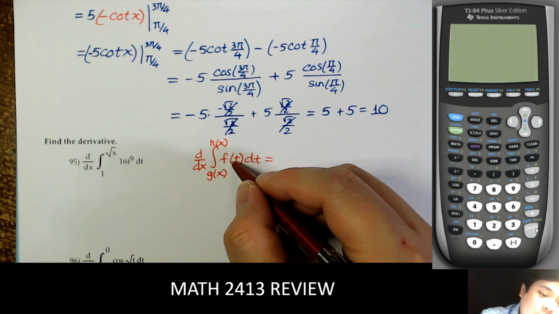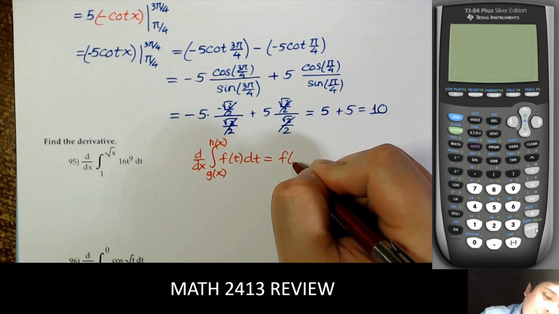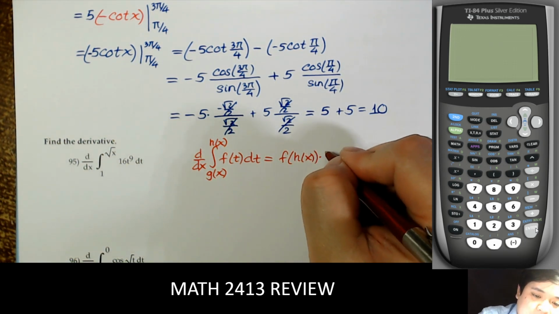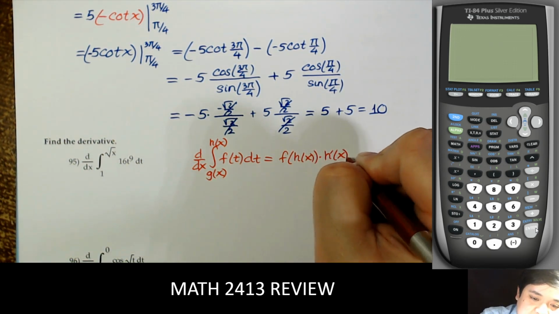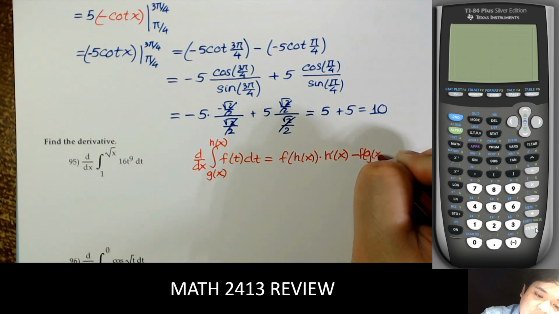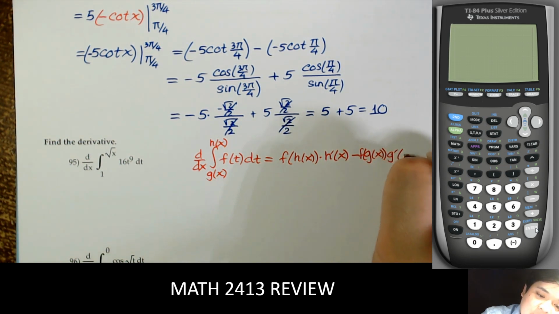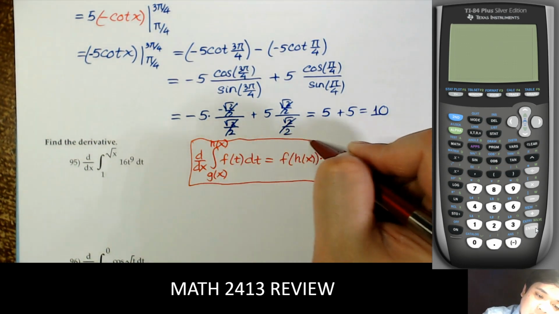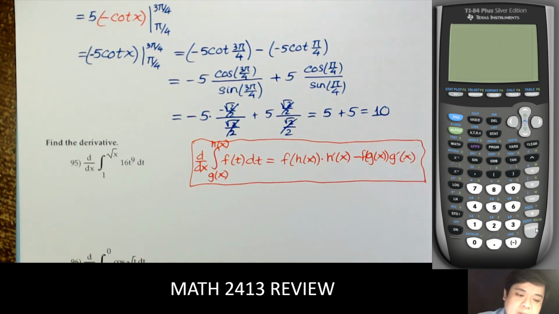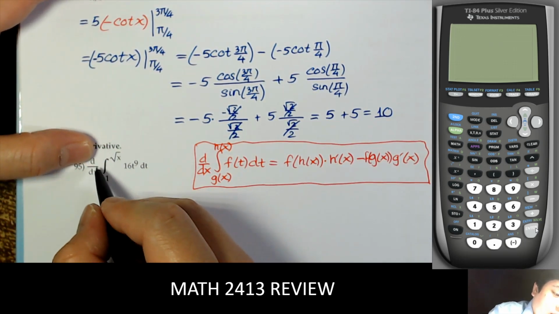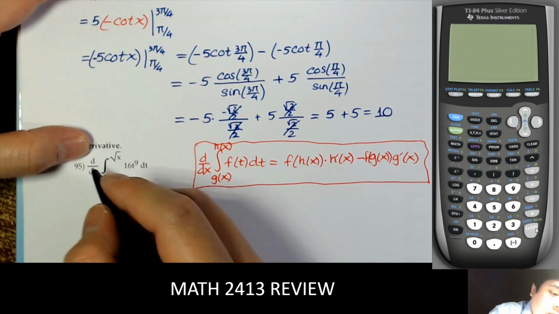All we do is just substitute h of x into it, the upper limit. But then by the chain rule, we have to take the derivative of it, and then subtract where we put in the lower limit, and then the derivative of that. So first, we don't integrate anything. That is because we have the derivative.